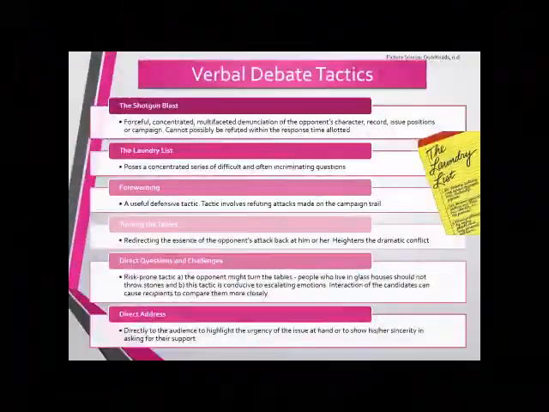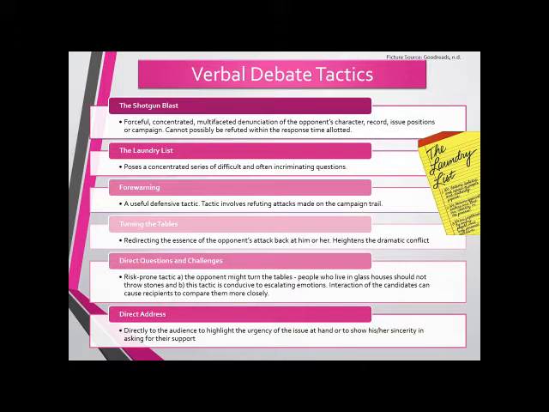Shotgun blast, laundry list, forewarning, turning the tables, direct questions and challenges, direct address. All of these tactics are fair game in debates. Remember, it is all about you showcasing to the audience, to the television audience or the radio audience, that you are superior to your opponent.